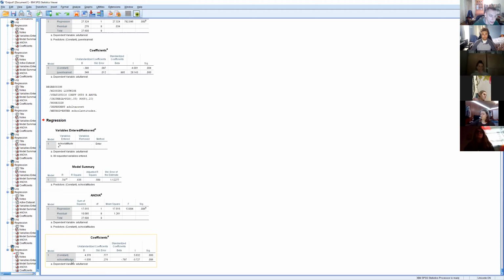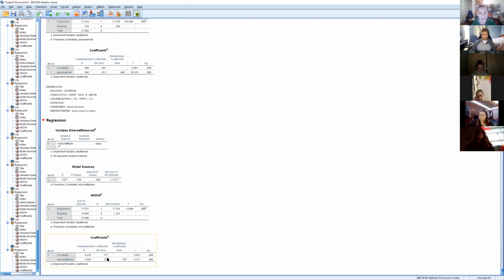More specifically, for every unit increase in school attitudes, adult arrests are predicted to fall by 1. If you look back at that Moodle data, it's a 1 to 5 scale: 1, you hate school, 5, you love it. As you go up in those units, if you go from a 1 to a 2 in school attitudes, your predicted number of adult arrests falls by 1. If you go from a 2 to a 3, it falls by an additional 1.